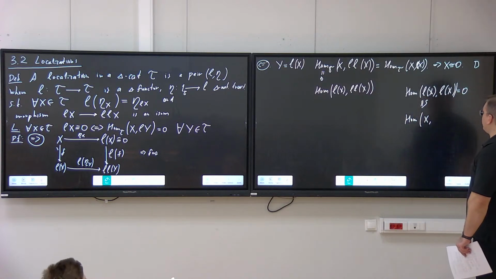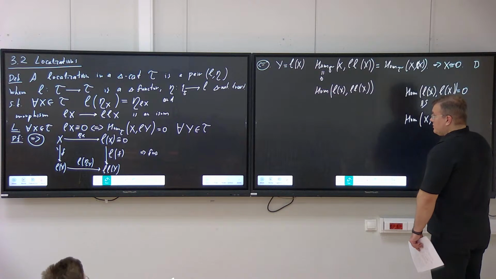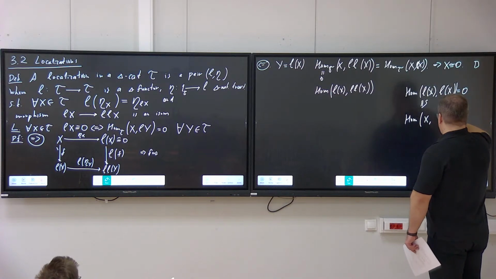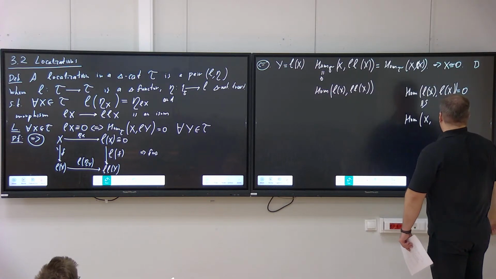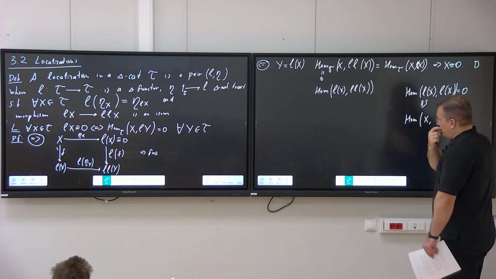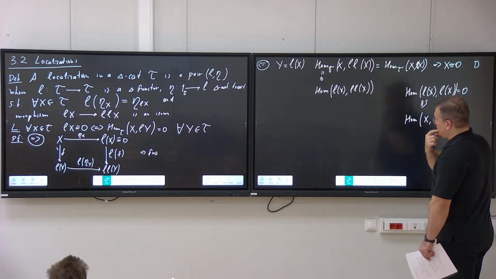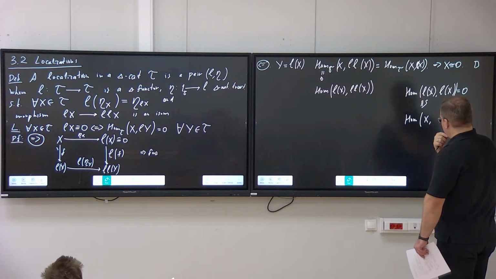We want to show this. If I can show this, I can conclude that Lx is 0. So here, I want to take this hom from Lx to Lx and write it as a hom where I know that the hom is 0. So the first argument is x and the second argument is from the image of the functor L. And how can we do this?